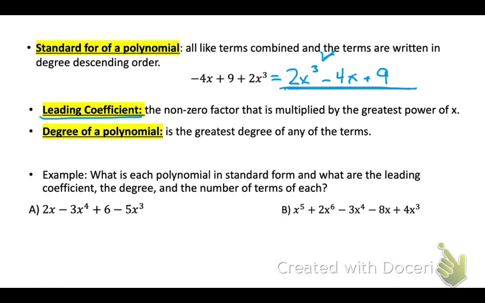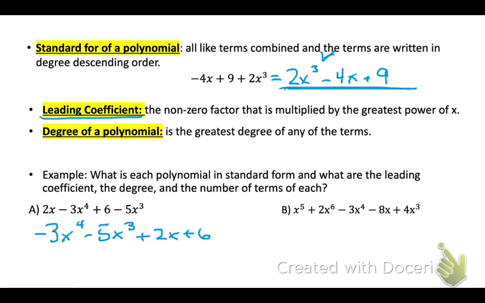Oh, that 5 and the 6 need to switch? Nope. It needs to be in the right order. Negative 3x to the 4th minus 5x cubed plus 2x plus 6.